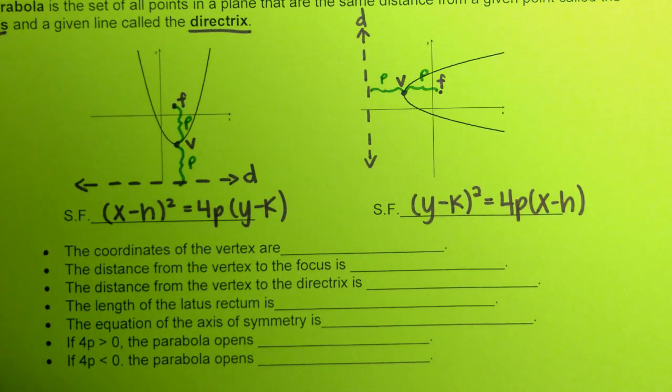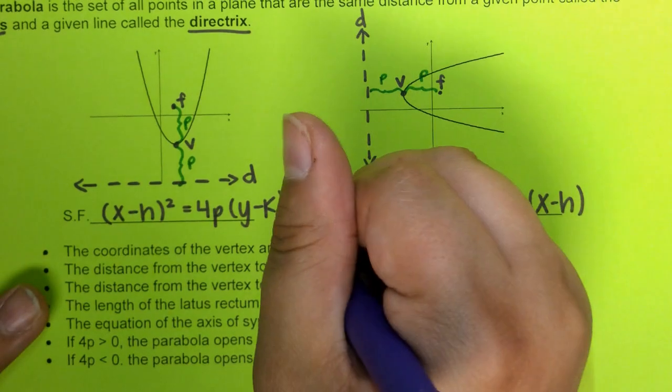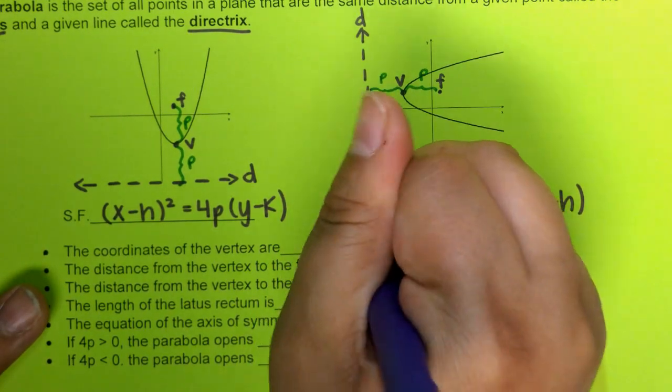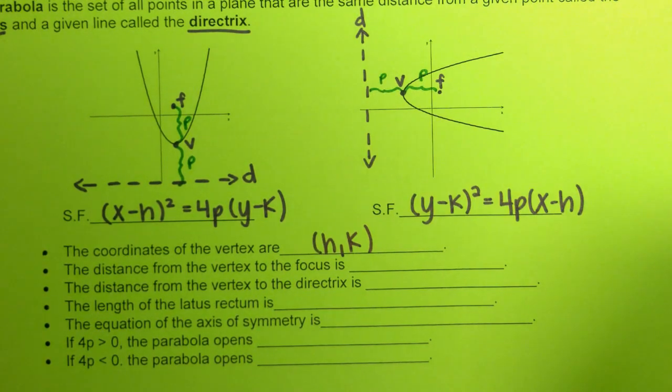What is my vertex here? What's my vertex? The coordinates of my vertex. HK, thank you. Y'all were worrying me for a second. And what's the distance from the vertex to the focus?